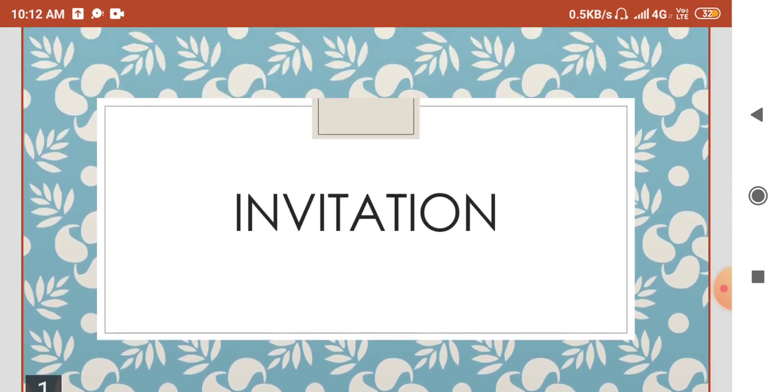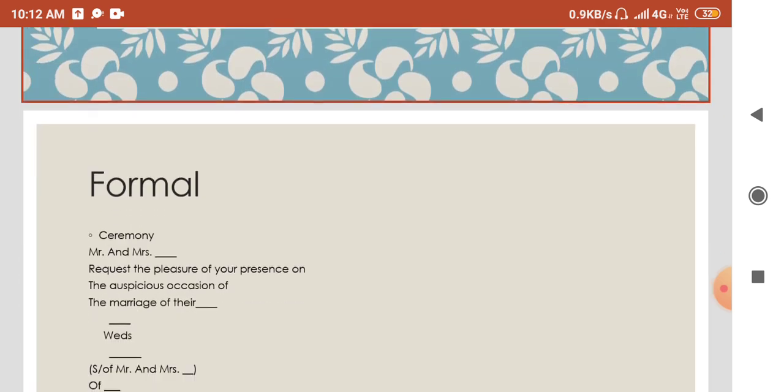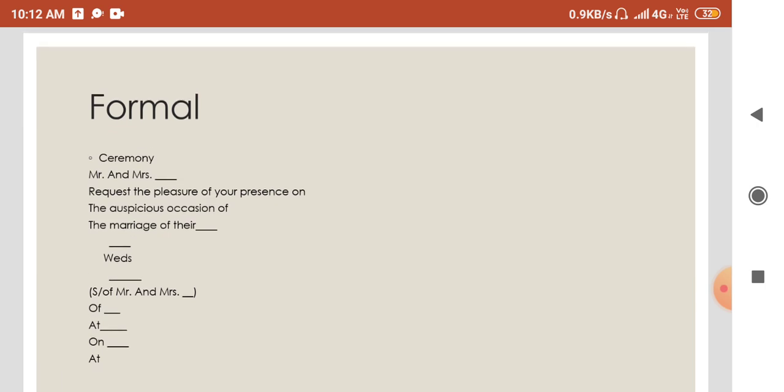Now, we will be discussing the format of formal invitation and the format of informal invitations.